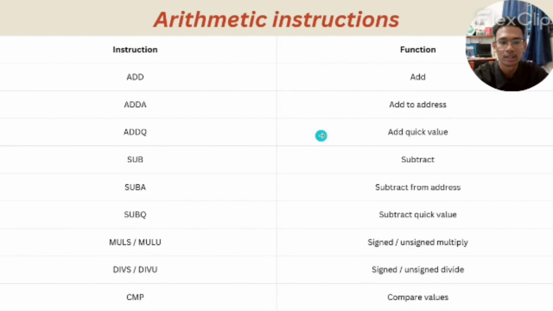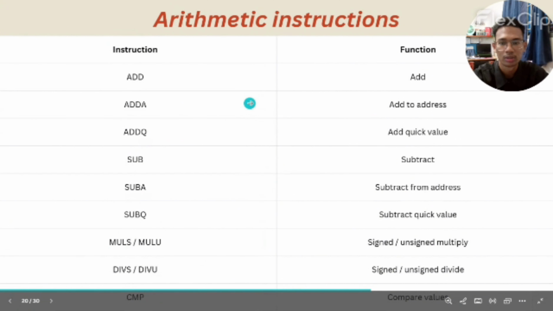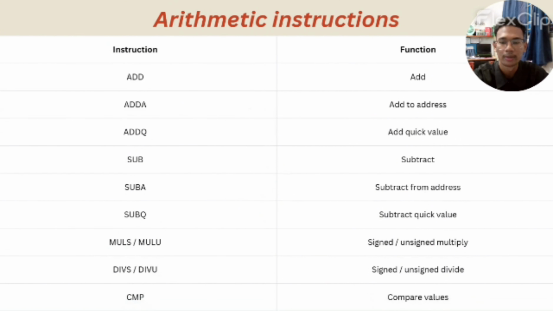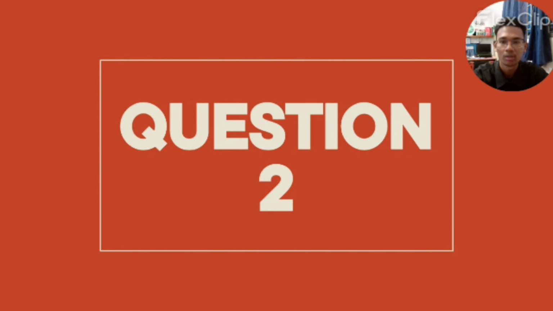ADDQ, the function is add quick value. And the other six, you can just read it. Now for question 2, I will pass it to my friend.